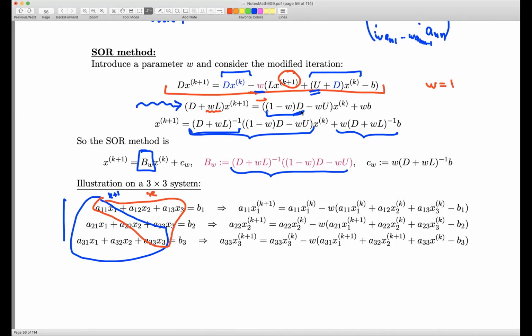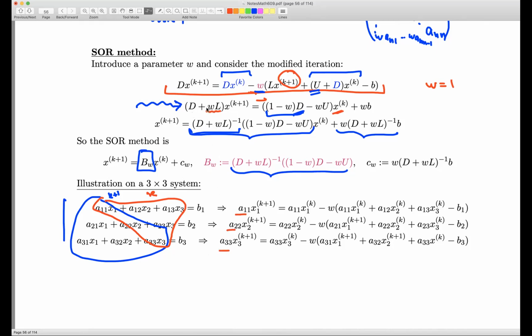As you see here, you have the elements in D, which will have an index k. And so we have D applied to xk plus 1. So these are the elements on the main diagonal that we leave on the right hand side.